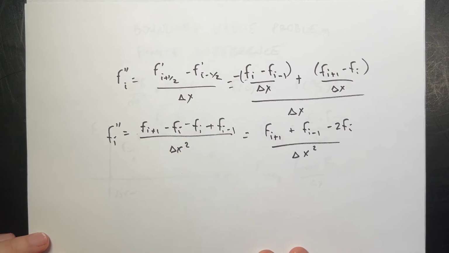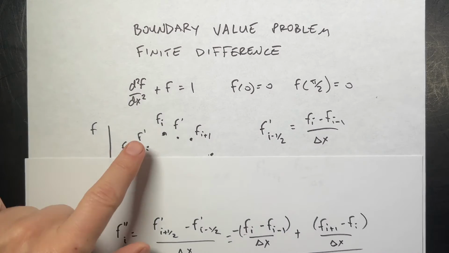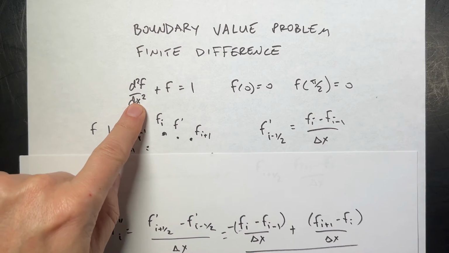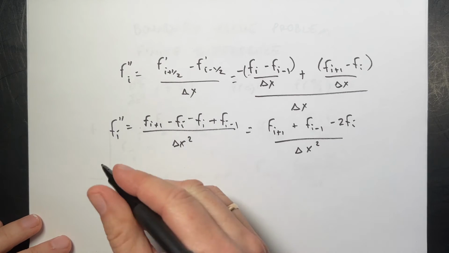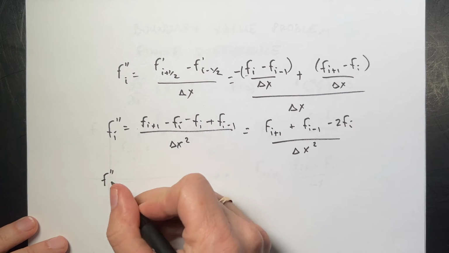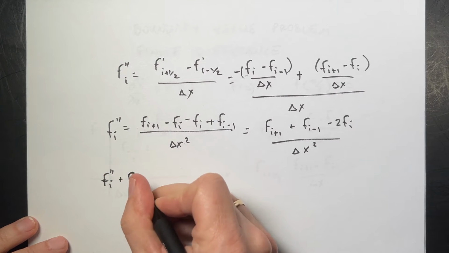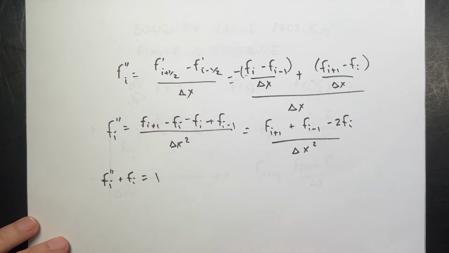Let's go back to our differential equation. I'm going to write that as f double prime plus f equals 1, so f double prime of i plus fi equals 1. That's my differential equation.